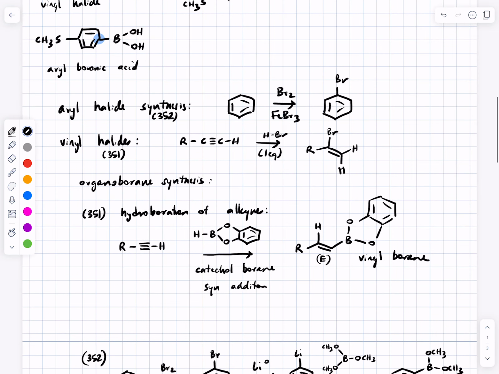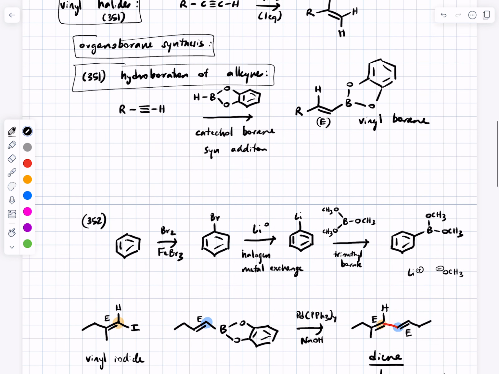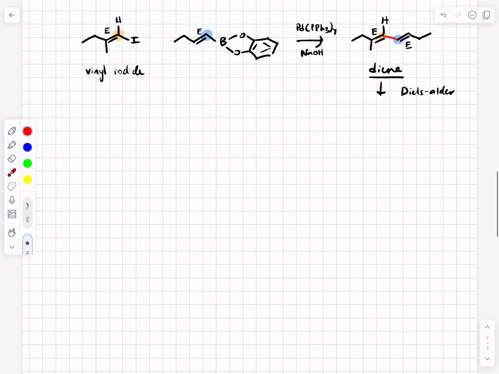We've talked about how to synthesize the corresponding aryl halides, vinyl halides, and organoboranes using hydroboration of alkynes, or this new step from the 352 set of reactions, in particular where the organolithium reagent reacts with the trimethyl borate to give you the aryl borane. And then we've seen another example of the Suzuki reaction.